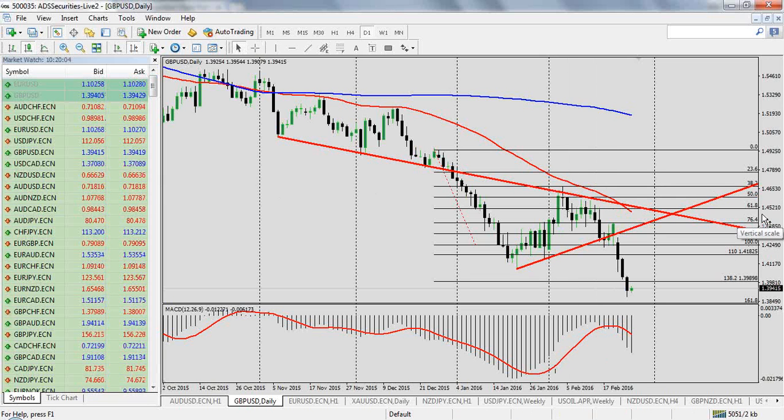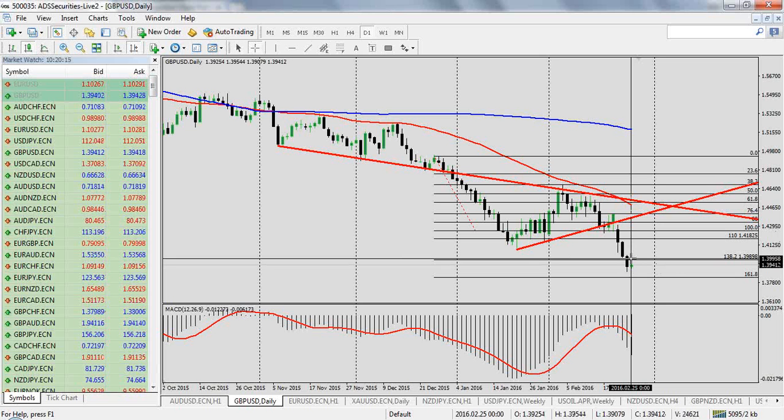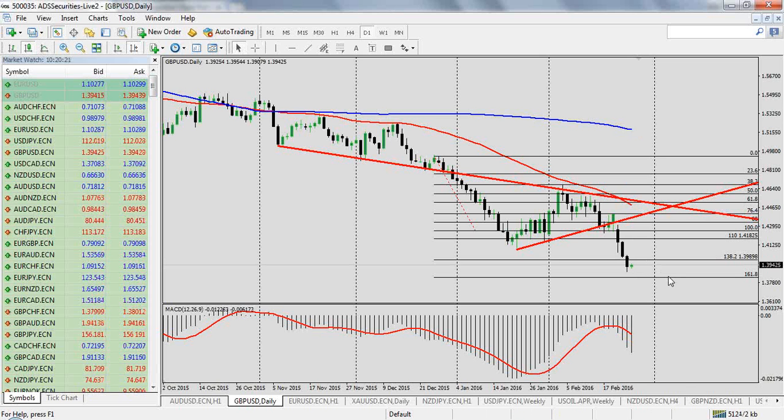Now, what is next for GBPUSD? That's the main question for us today. Since we saw the pair penetrating below the 1.40 psychological support level, and it has gone approximately 100 pips or so below that level, our target for now remains at 1.3825 level.